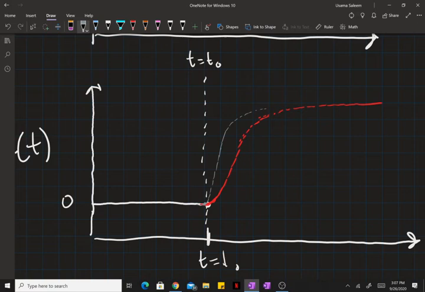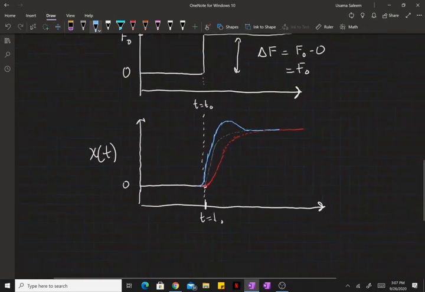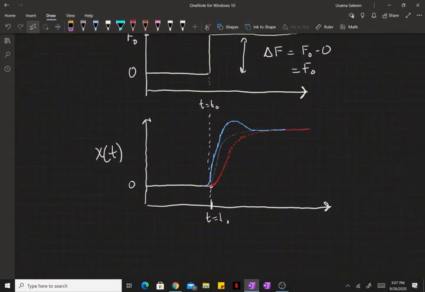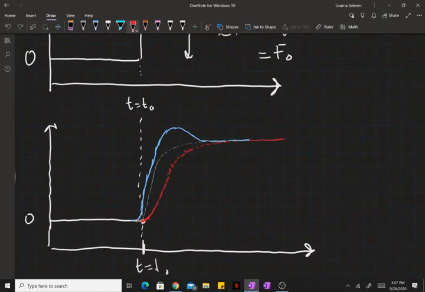And finally, we can have a response where the position shoots up for a moment before finally coming down to its new steady state. So these are the three possible types of response you can encounter in a second order system.